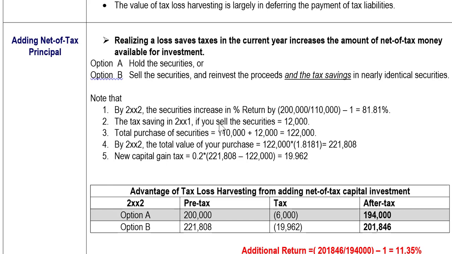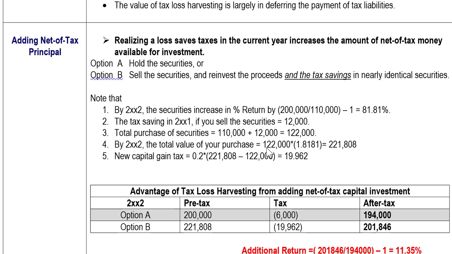So you sell that security, you're going to gain $12,000 additional cash. So you're putting the $12,000 plus the proceeds of the 110,000 you sold. So you are actually investing $122,000 in total, not just the 110.